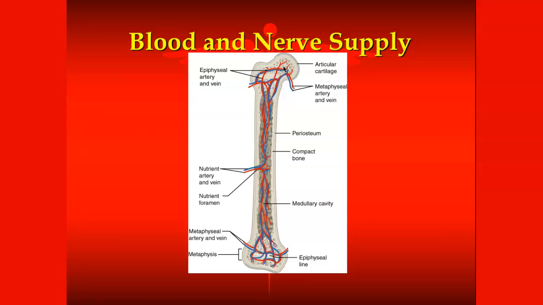And so nerves are responsible, we know that a lot of them will sense pain. And it also appears that nerves can help play a role with bone in regulating blood supply and bone growth.